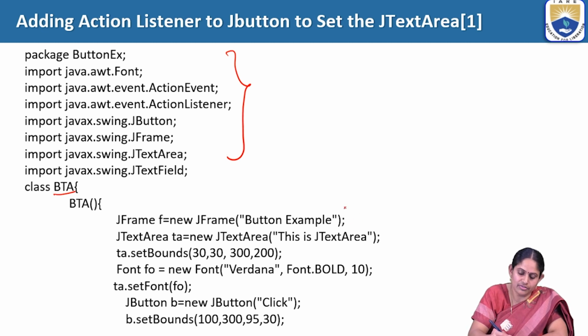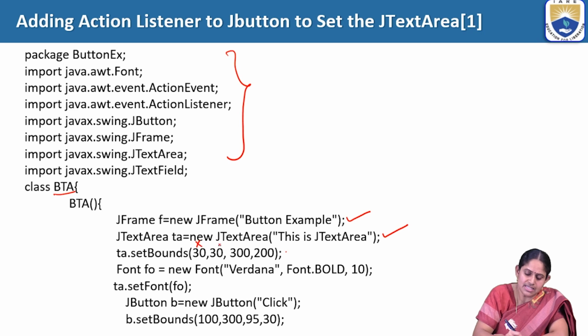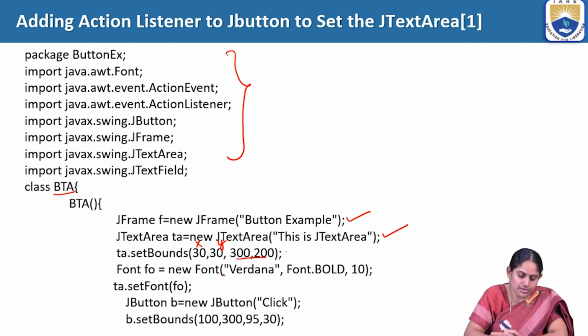We have this frame created with the name button example, and we have a text area which has a default text placed with it, this is JTextArea. This text area is placed at x and y coordinates 30, and its length and width is 300 by 200.